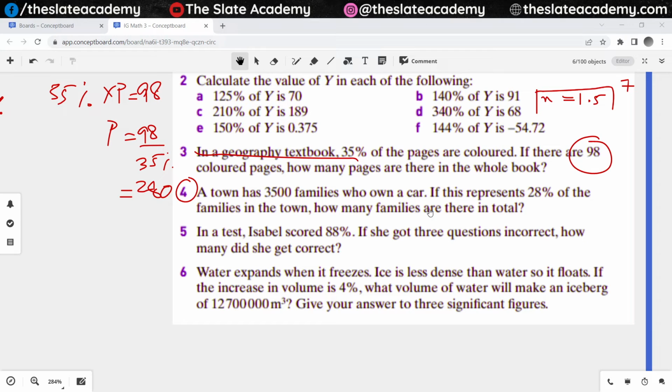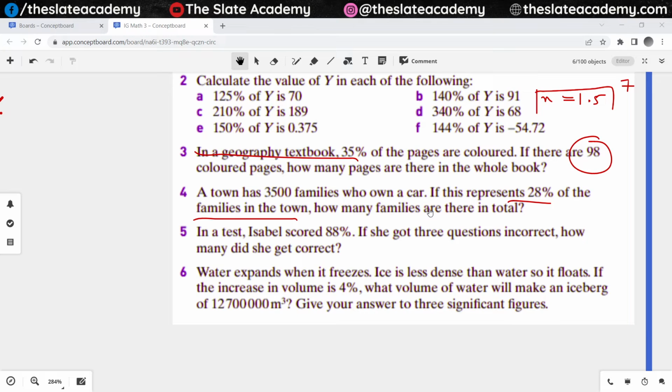See, there are 3,500 families who own a car, and this represents 28% of total families. So 28% into total is equal to 3,500. So total will be equal to 3,500 divided by 28%.